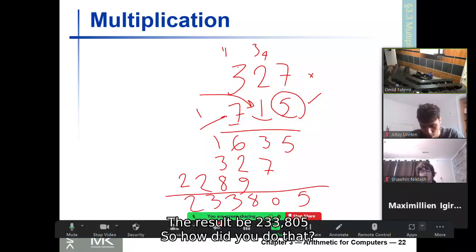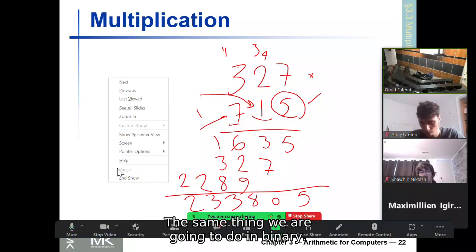So the result would be 233,805. How did we do that? We just multiplied each digit separately, but in the correct position. The same thing we are going to do in binary.